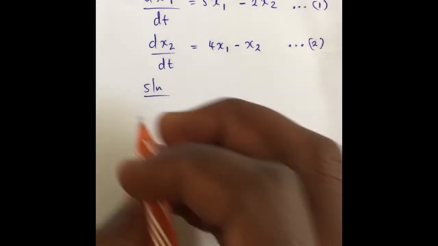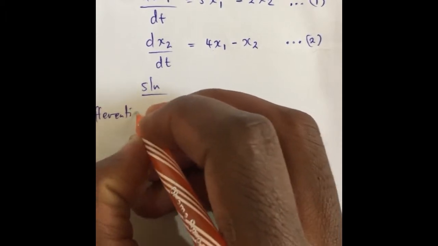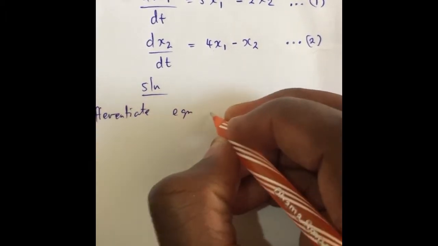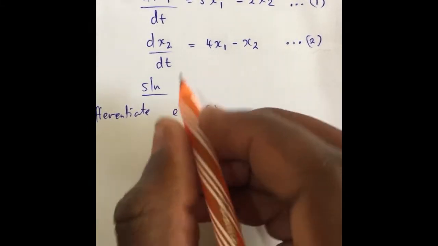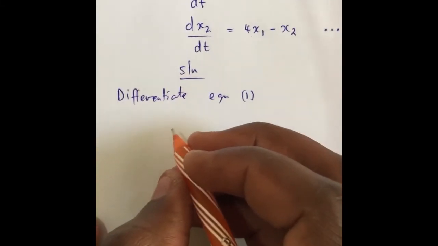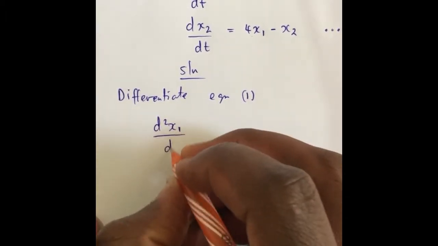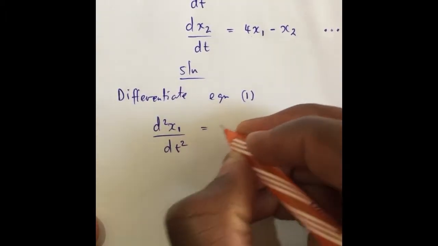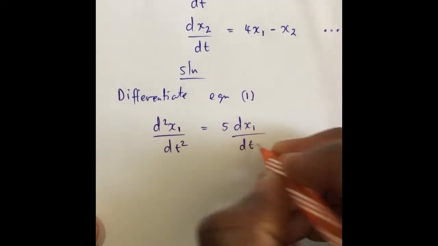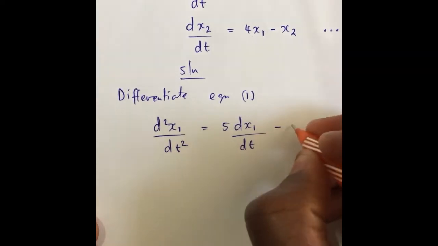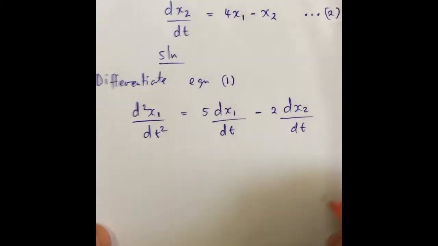So step 1, we differentiate equation 1. How do we do that? Differentiation of equation 1 is simply d squared x1 over dt squared equals 5 dx1 over dt, minus 2 dx2 over dt, correct?